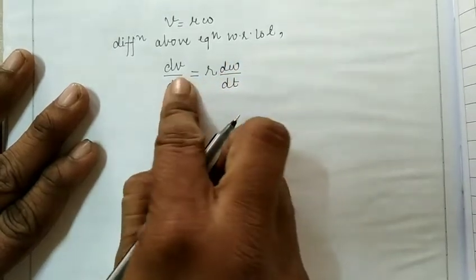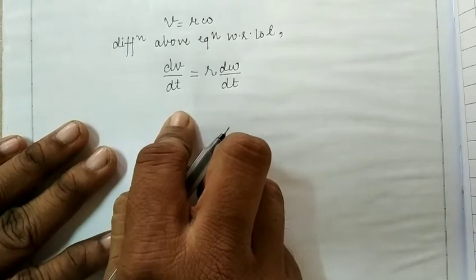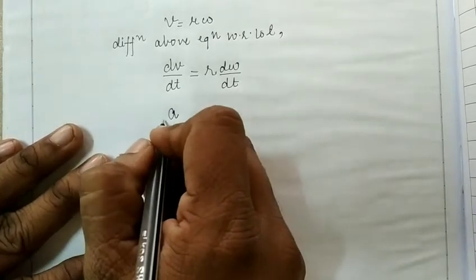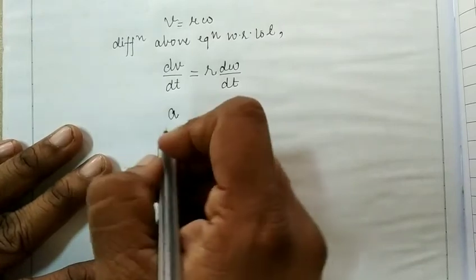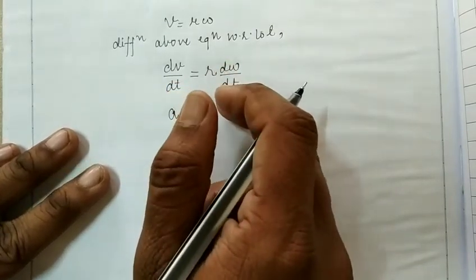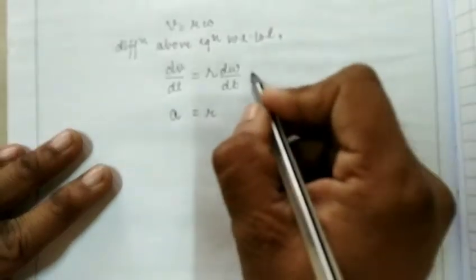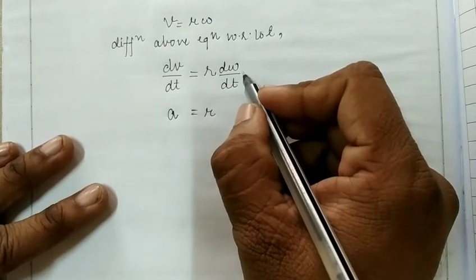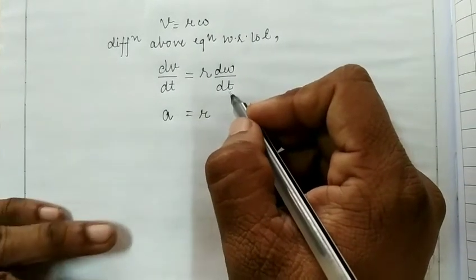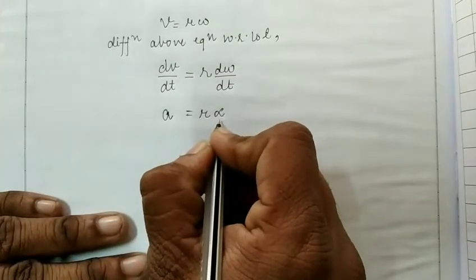Students, as we know, change in velocity with respect to time is known as acceleration, so linear acceleration is equals to r times d omega upon dt. Because omega is angular velocity, the change in angular velocity with respect to time is known as angular acceleration.